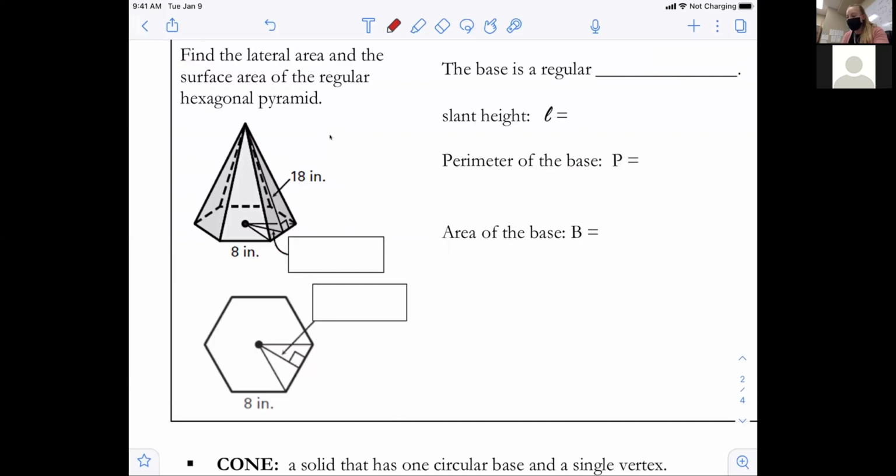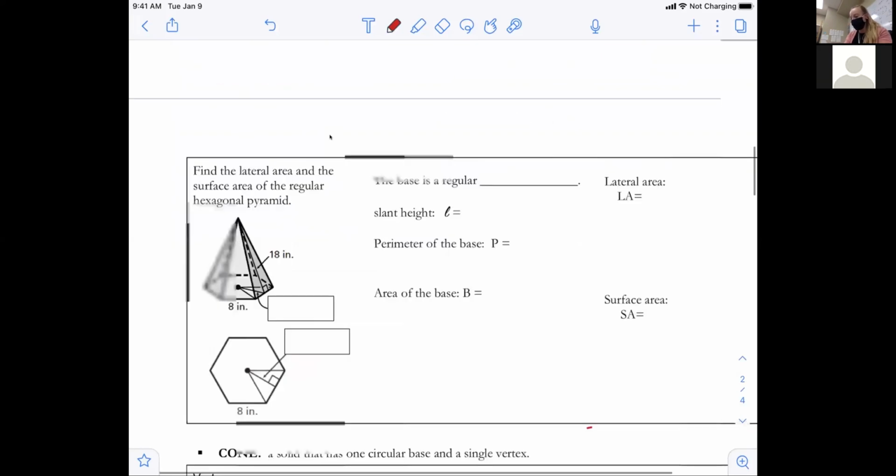This one is a little bit harder. I gave you a hexagon. And I wanted to see, did you remember how to do that?